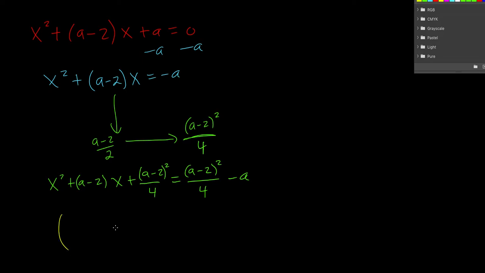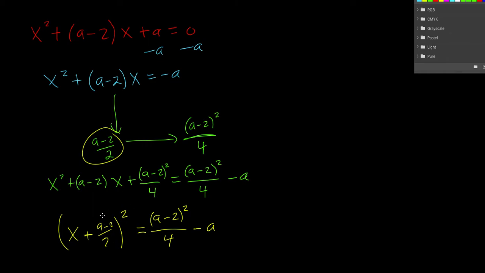Now we do the magic step, which remember it's just x plus this, squared. Then we still have this. Now, if we're dealing with real numbers, which we are, anytime we square something, we have to get a positive answer.